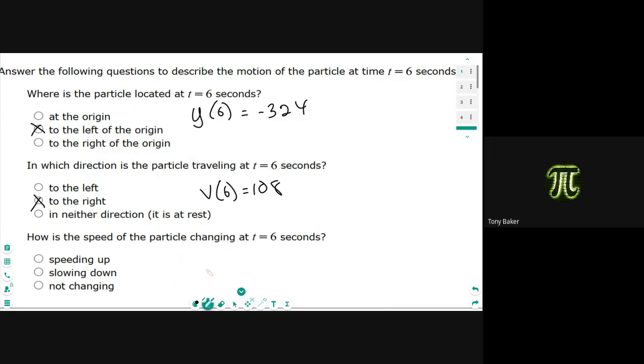It is speeding up. For the last two questions, if it was in neither direction, at rest, or not changing, those would be zeros. For the first one, at the origin would be the 0.